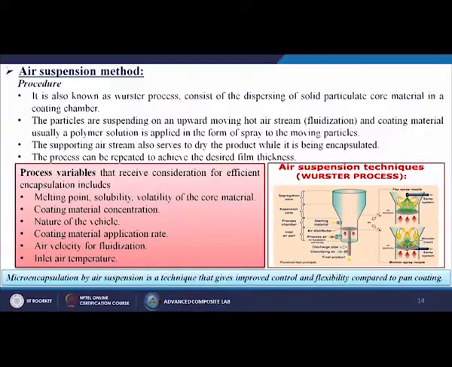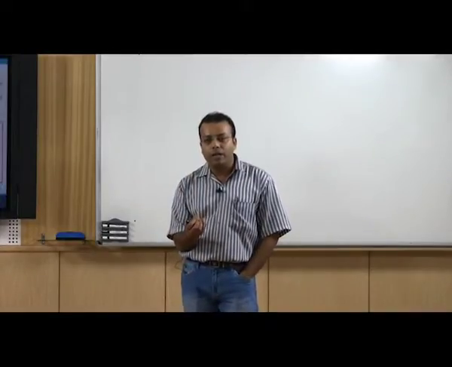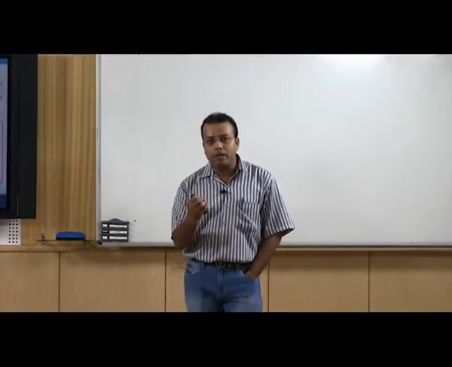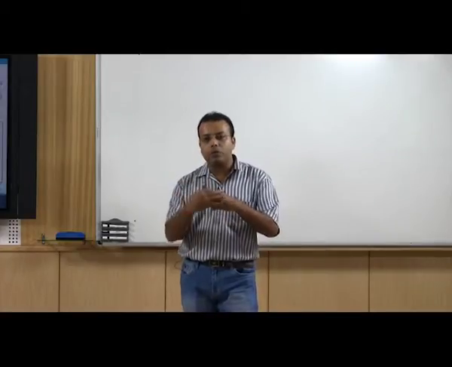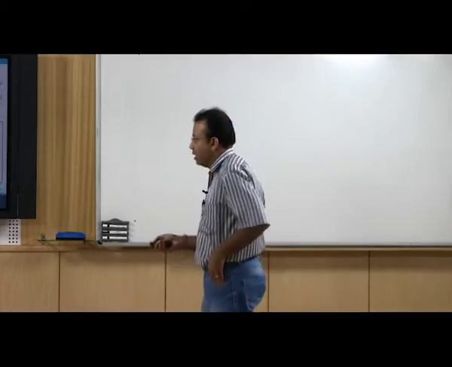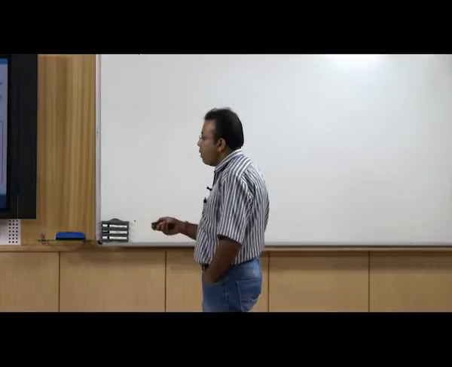Simply, we apply high air pressure from the bottom so that the material is flying inside this chamber, and either from the top or from the side we can inject the coating material suspension or droplets so that it can easily deposit onto your core materials. So, this is the technique.